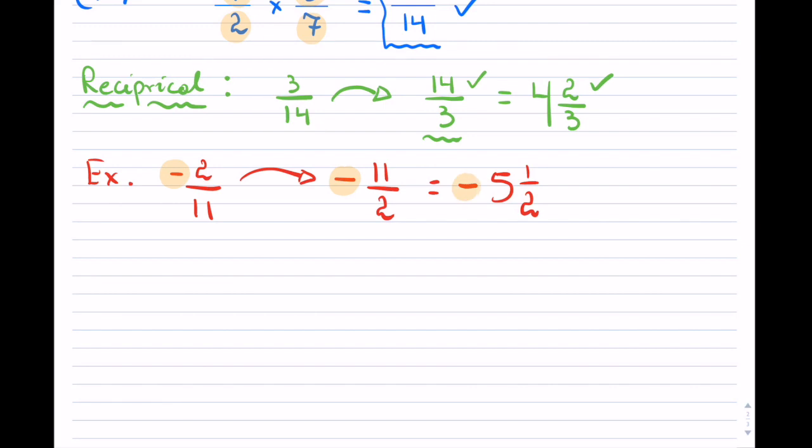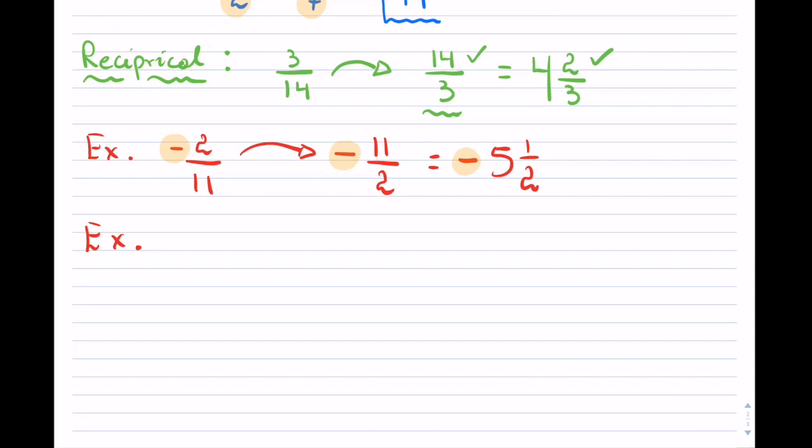So that's one. Now, another example of a reciprocal is, what if you are given a number which is already in mixed format? Meaning, for instance, what if I have 2 and 1/3 and someone asks you to take the reciprocal?